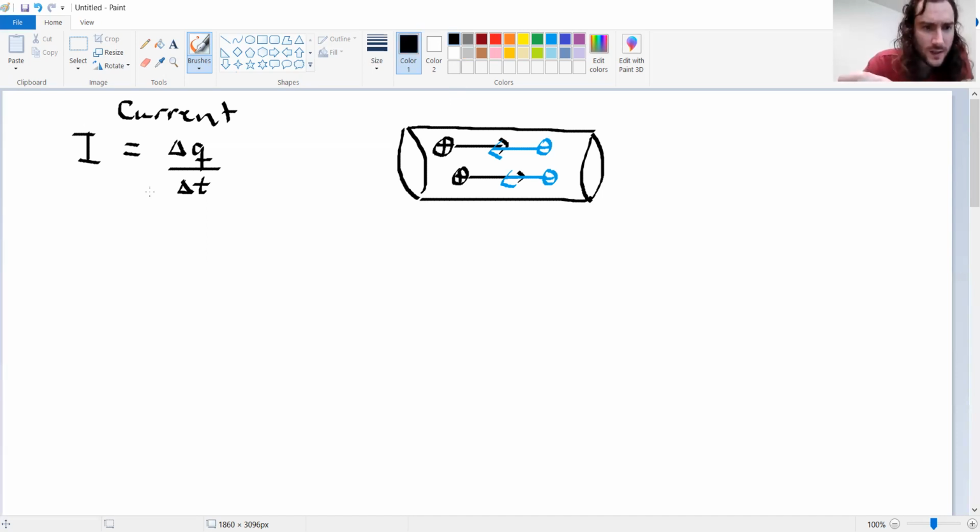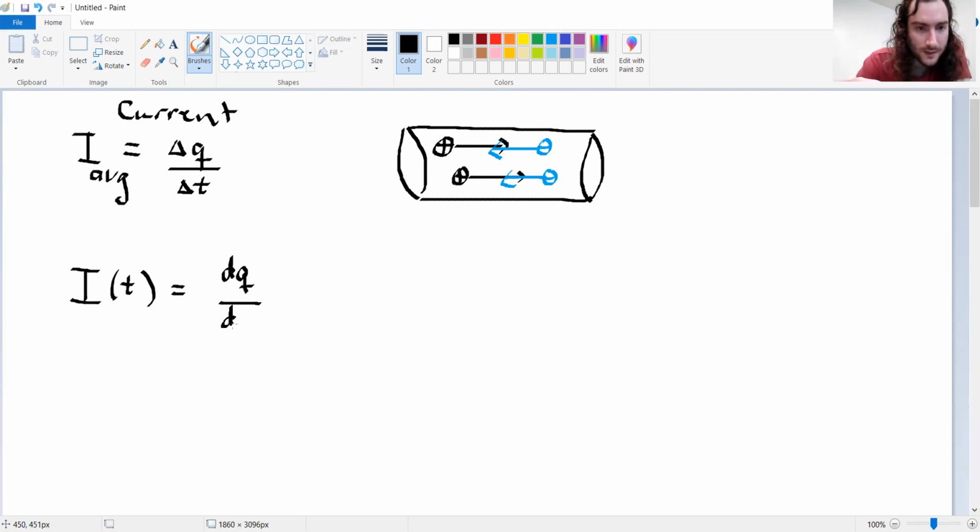Okay, so what do we do with this expression here? Well, the first thing we do is label this as an average current because we have deltas in there. And if we want to know the full instantaneous current as a function of time, we would take a derivative with respect to time. And that would be in the limit as delta t goes to 0, as one would expect.